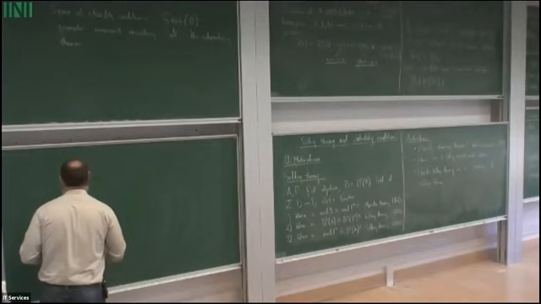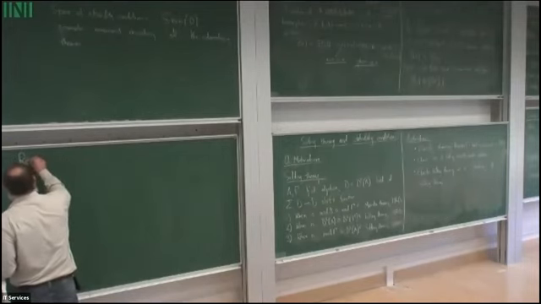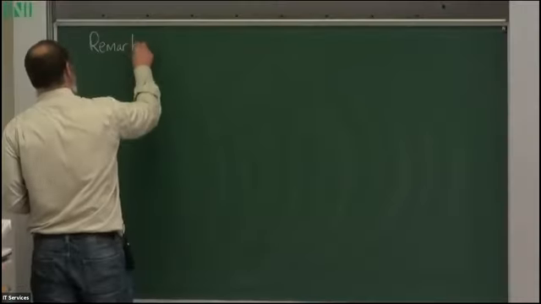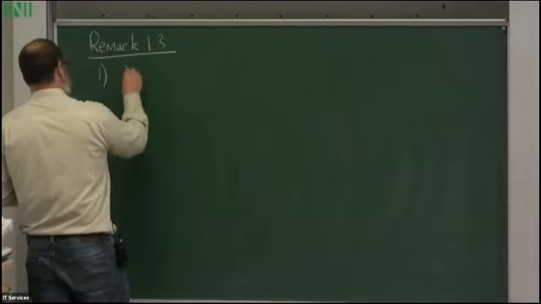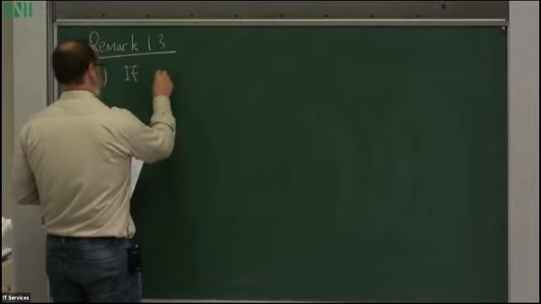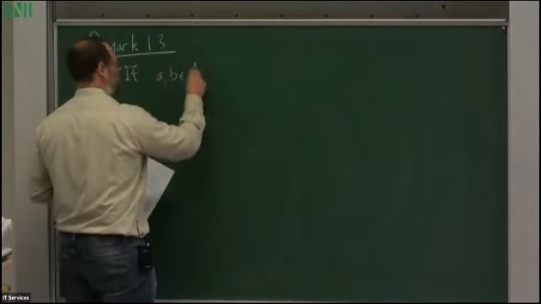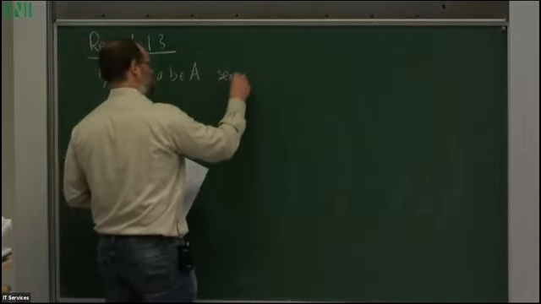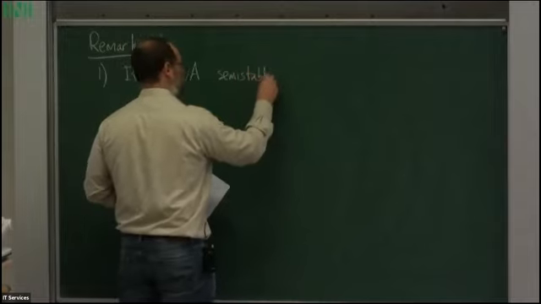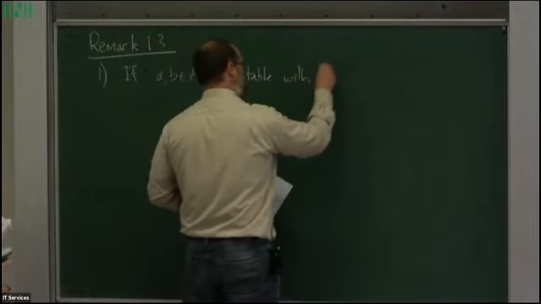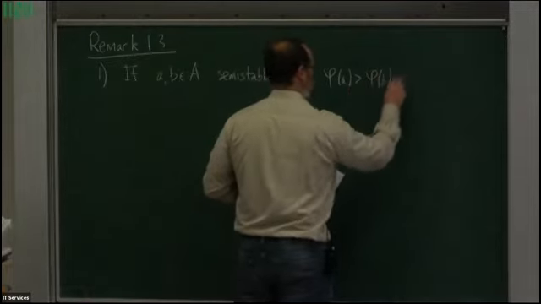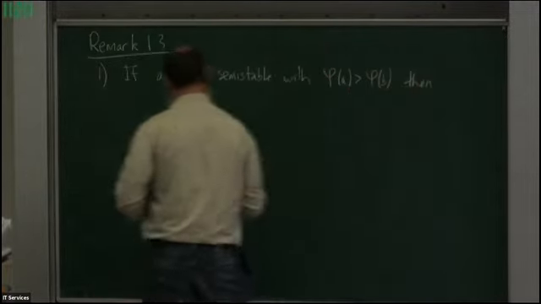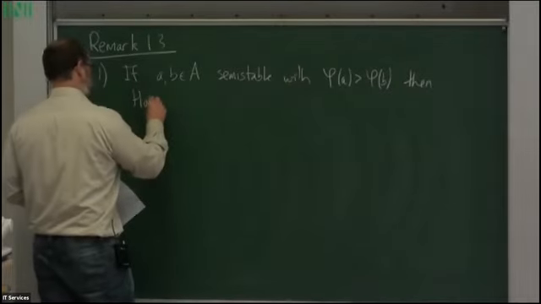So a remark. One, if A and B in A are semi-stable with phi of A bigger than phi of B, then there are no homomorphisms from A to B.